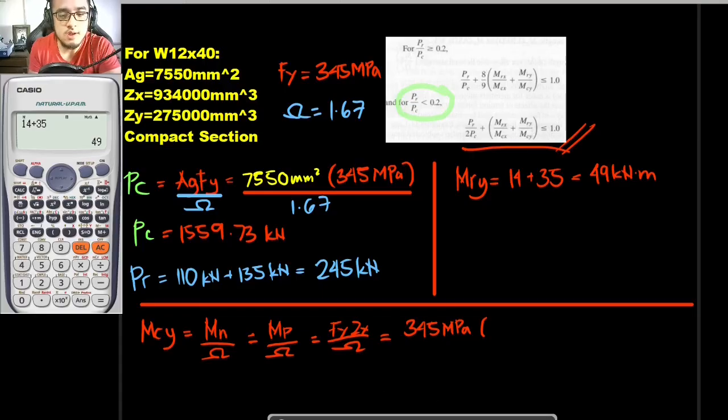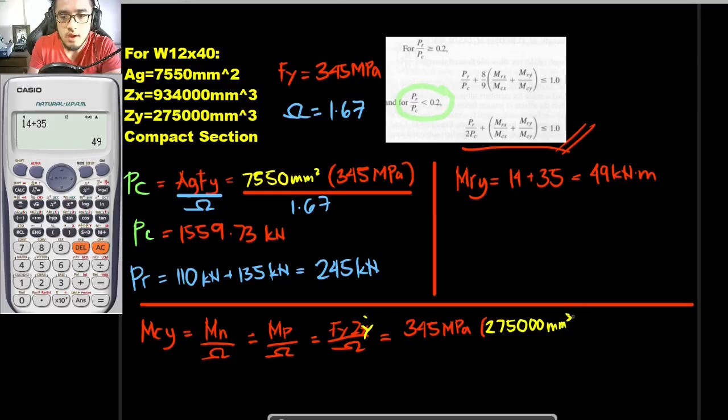If I substitute Zx here, what I am solving is MCx, and we don't need MCx. So this is erroneous. This should be Zy. Our Zy is 275,000 millimeter cube.